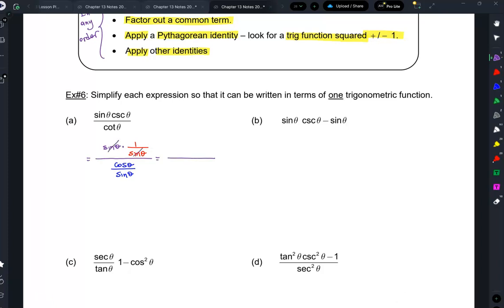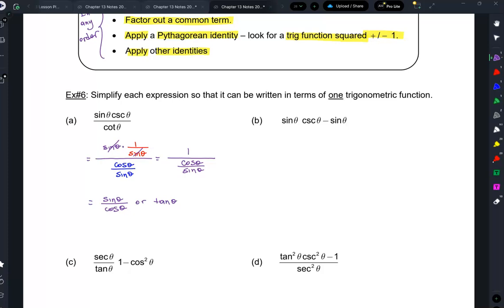The sine and the sine will reduce to 1 over cosine theta over sine theta. So if you have 1 over something, what's another word for that? Reciprocal. So this is just sine theta over cosine theta. Or you can say this is tangent of theta, but that's it, nothing else.